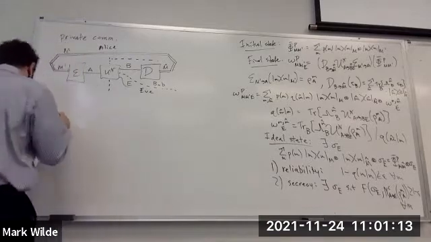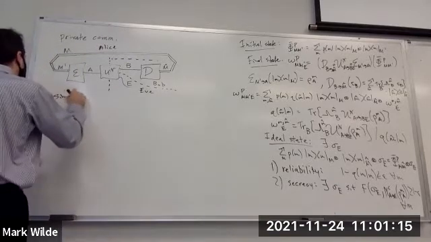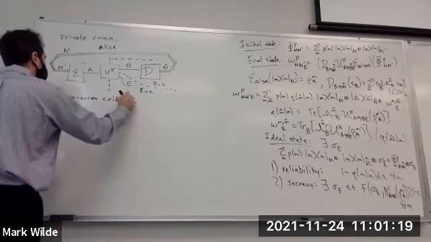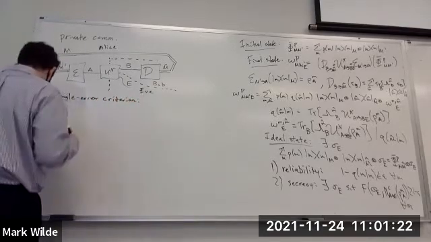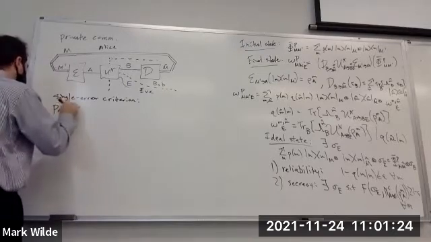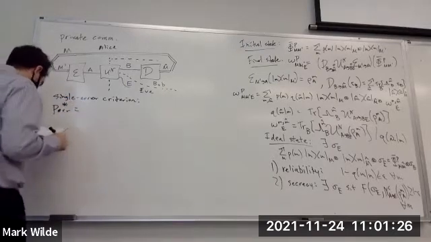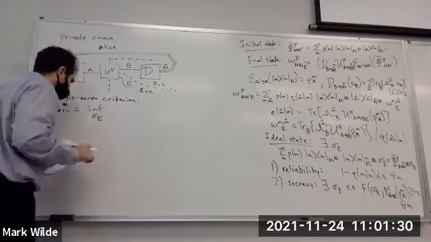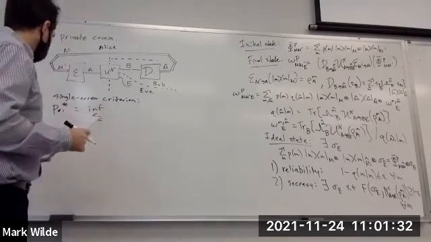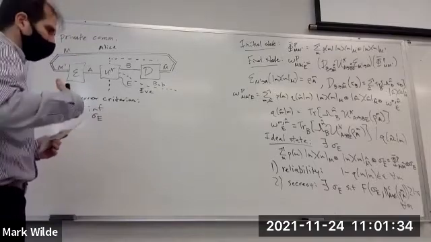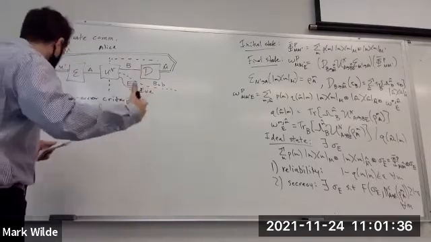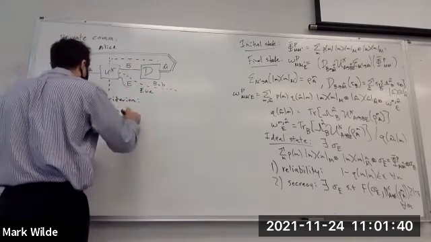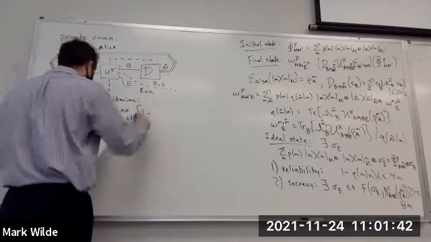Okay, so the single error criterion is this, called P star error. There should exist a state sigma E such that when you take the maximum error over all messages, it's less than epsilon.